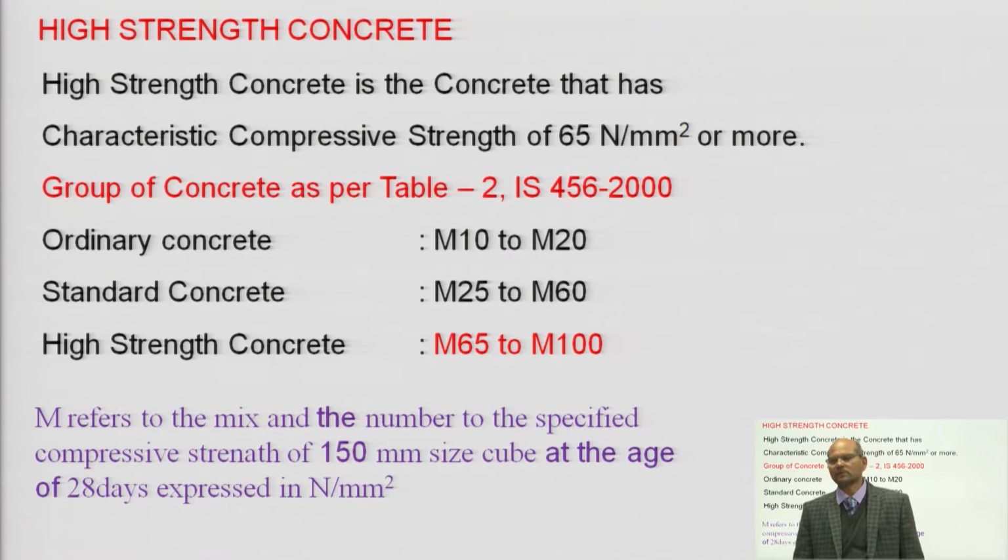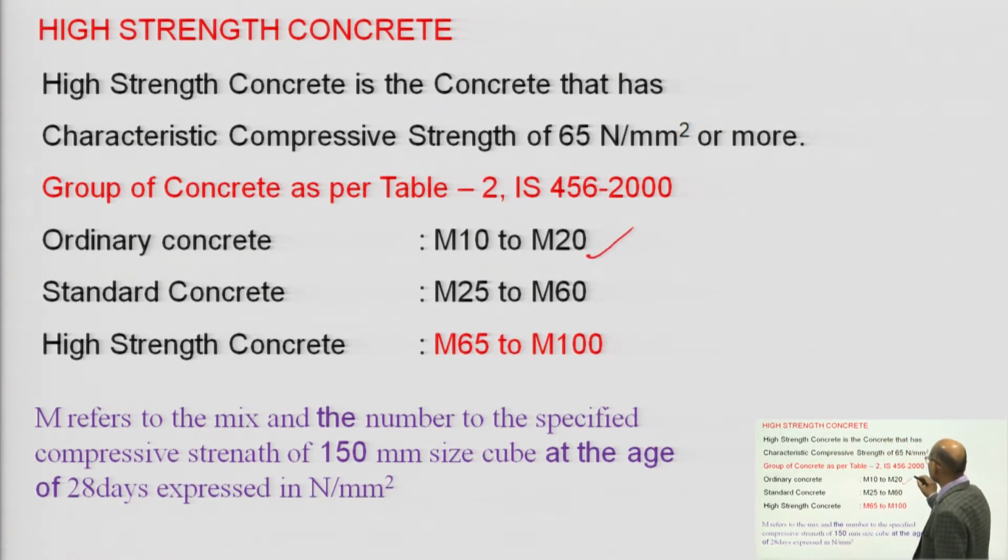One is ordinary concrete, whose strength is M10 to M20. Then we have standard concrete, whose values range from M25 to M60, and high strength from M65 to M100. If it goes more than M100, then you can say it is ultra high strength concrete.